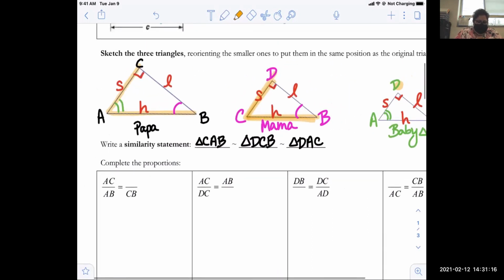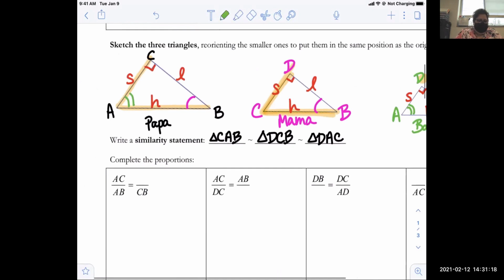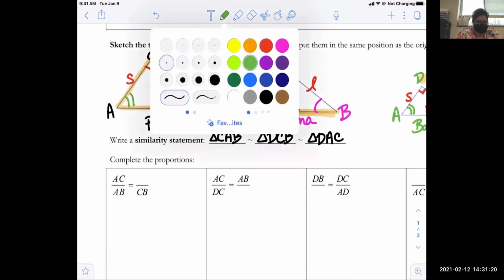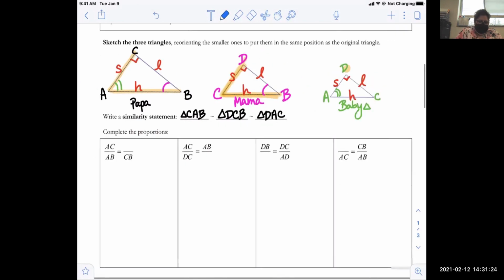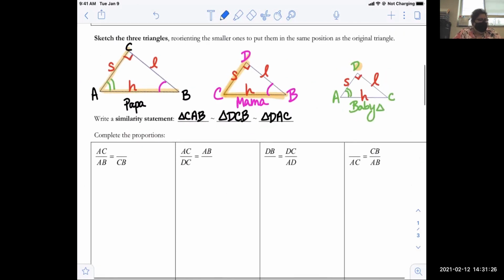Complete the proportions. These proportions are true because we're comparing similar triangles. AC and AB. Which triangle has both AC and AB as two of its sides? Liam?